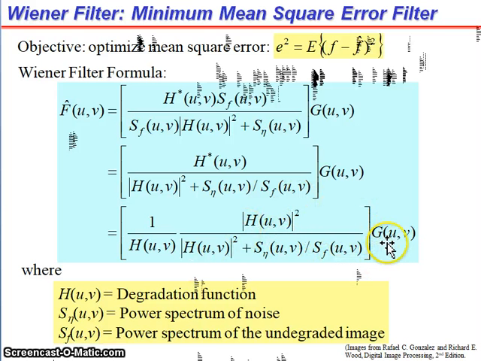We know G of u comma v and H of u comma v. From F of u comma v, Sf of u comma v is obtained, and from N of u comma v, Sn of u comma v is obtained. So this is the equation.